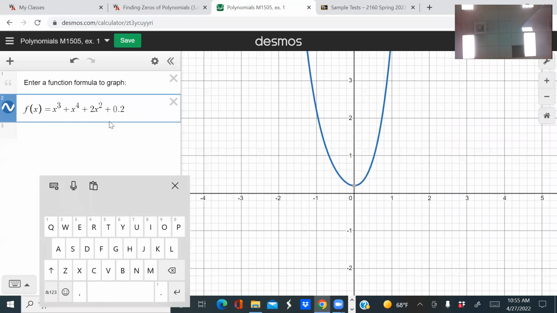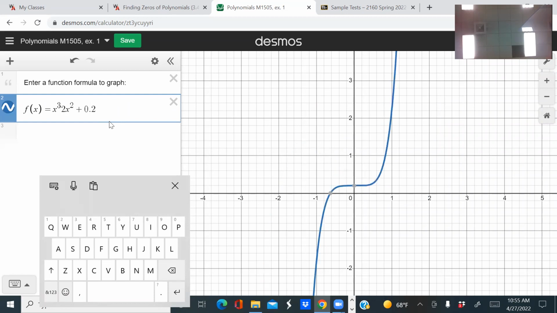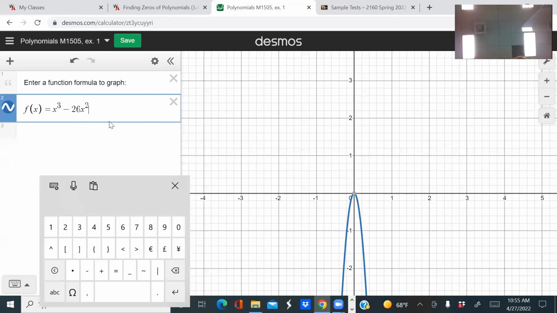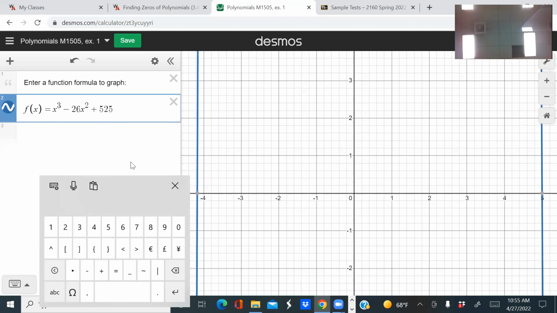And then there's some squareds, aren't there? Minus 26, right? Minus 26. Is that right? And then plus 525. And then look at the graph.